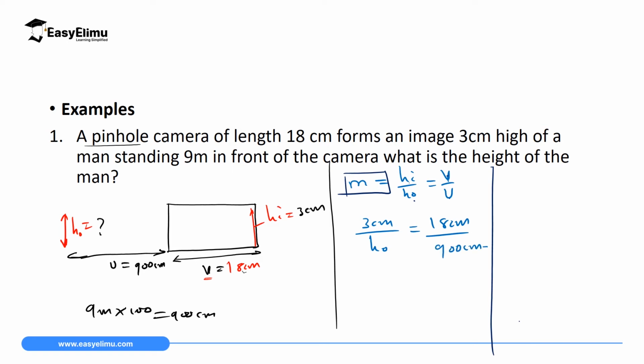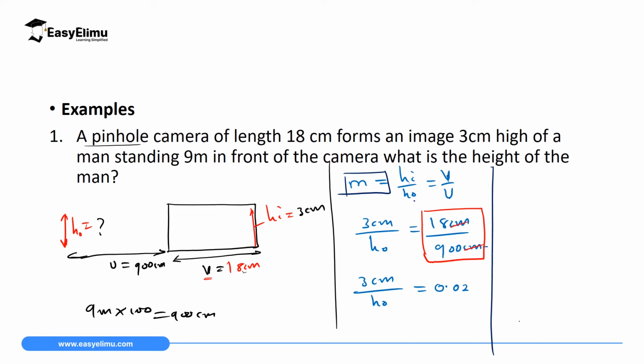Now you solve the one on the right hand side since it can be solved directly. Then we will remain with 3 centimeter all over HO is the same as 18 divided by 900, which is going to give us 0.02. And since the units of centimeter will go with centimeter, this number will not have a unit.